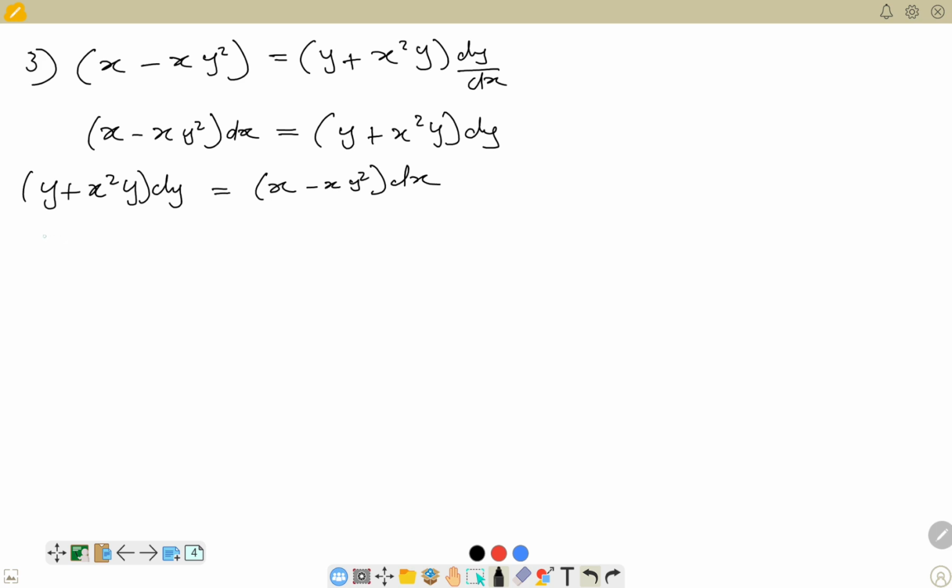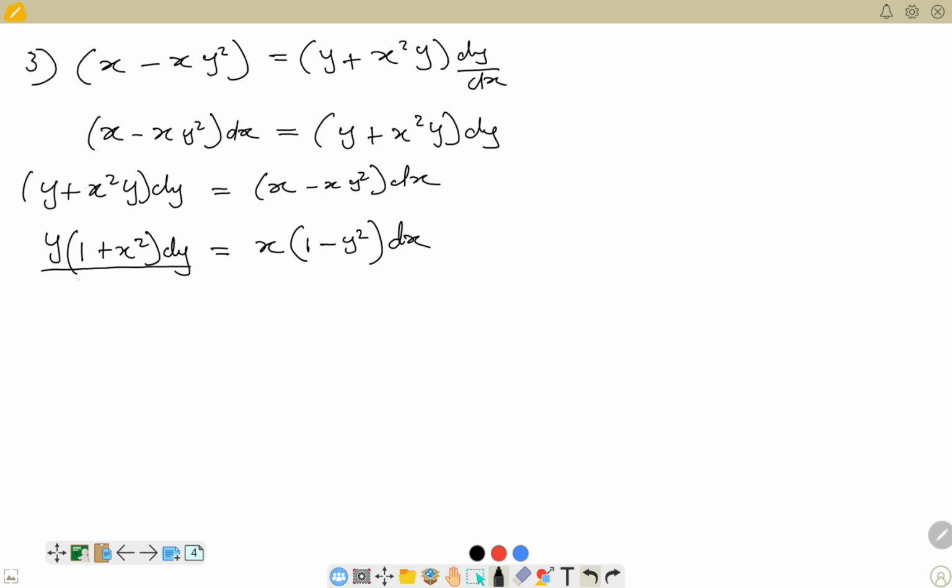So we can factor out y on the left hand side. If we factor out y, we find that we have 1 plus x squared dy equals, we can factor out x on the right hand side, 1 minus y squared dx. Now we need to separate the variables. The variables of y should be attached to dy, and the variables of x should be attached to dx.